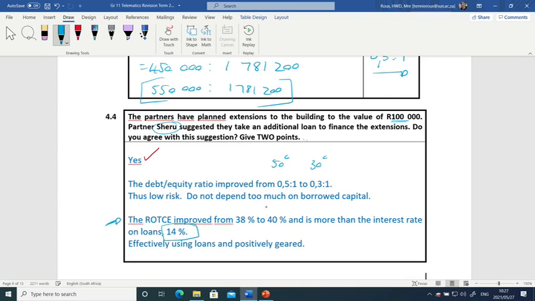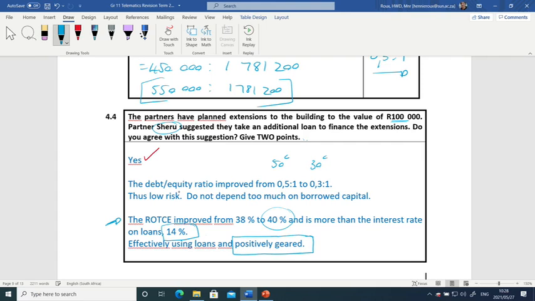So we make use of the bank's money and we have a return of 40%. But we only have to pay 14% to the bank. So we take the money, we have a return of 40%, we give the bank the 14%, and the rest is profit or return for the business. So they are using the loans effectively, and we say they are positively geared.